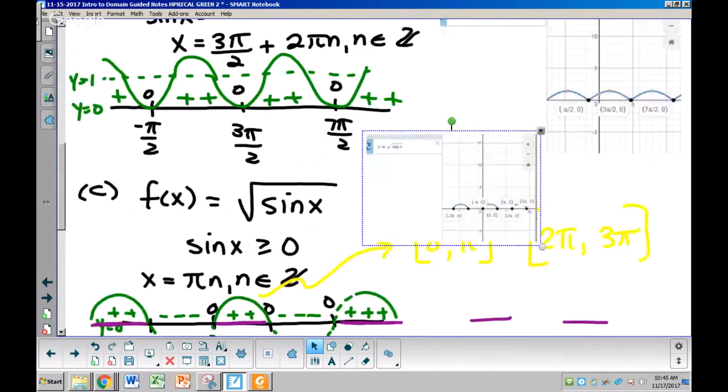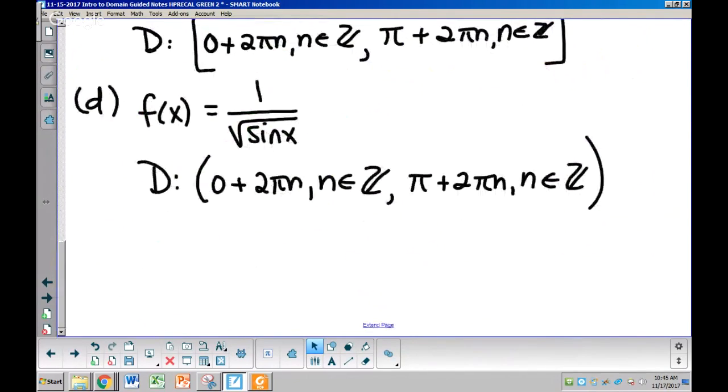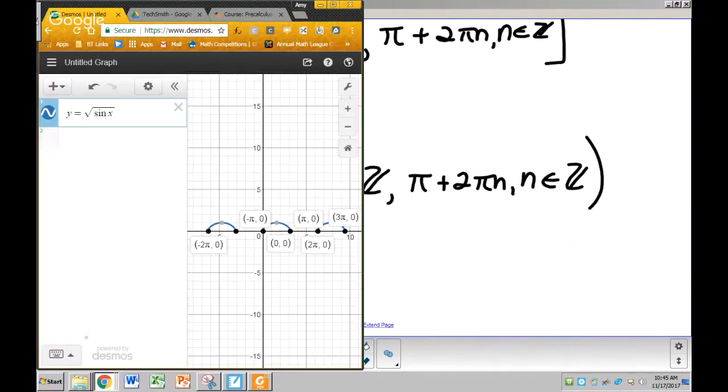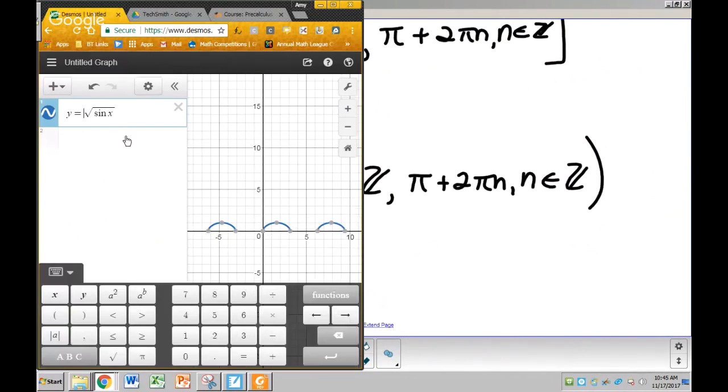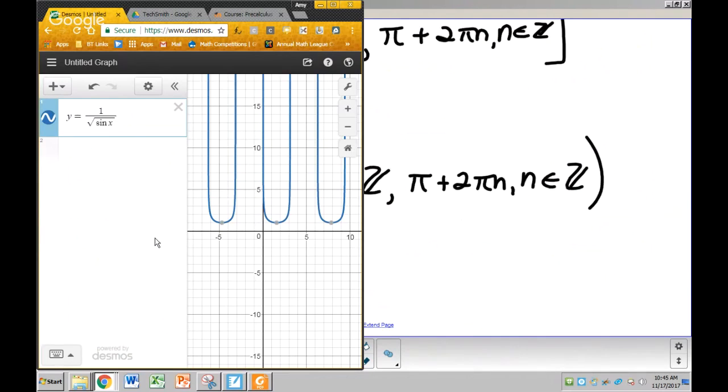Hang on, let me get this down. One divided by. Ooh, that looks wild, doesn't it? Let's click the bottom point.